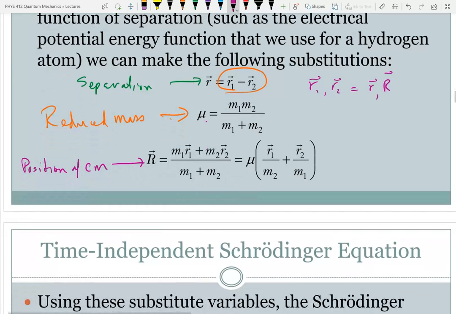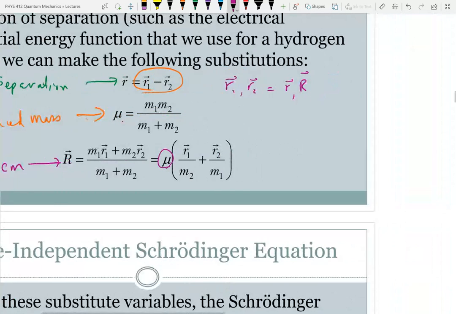So we define the position of the center of mass very simply. Mass 1 times radius 1 plus mass 2 times radius 2, all divided by the total mass. And so this is where the reduced mass actually comes from if we do the calculation.